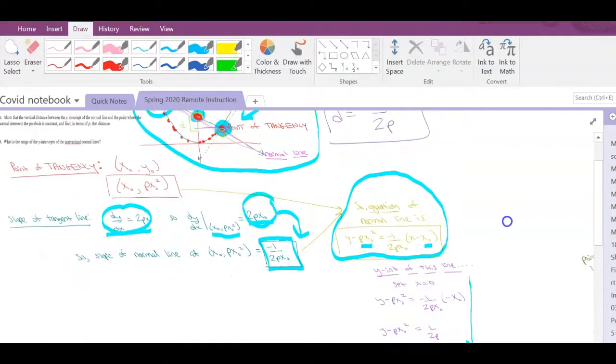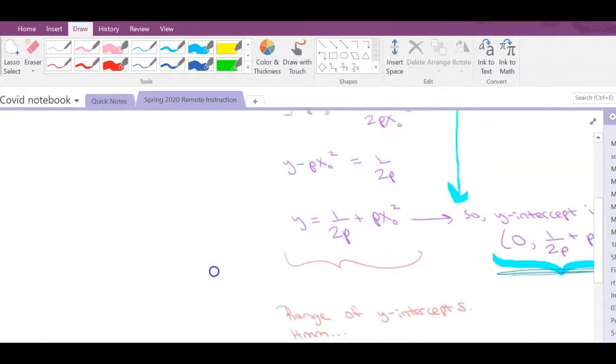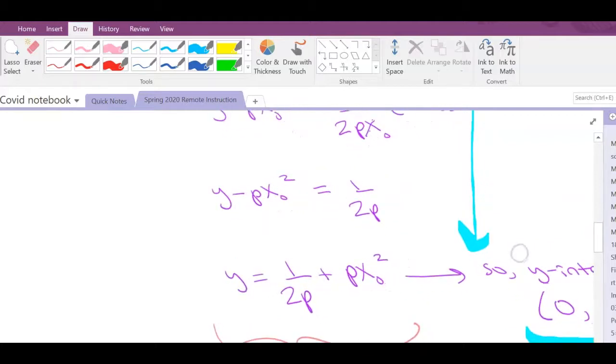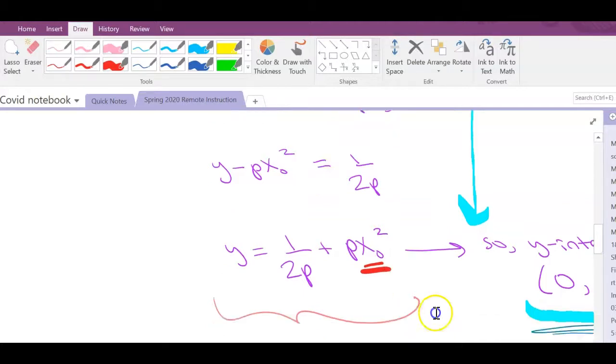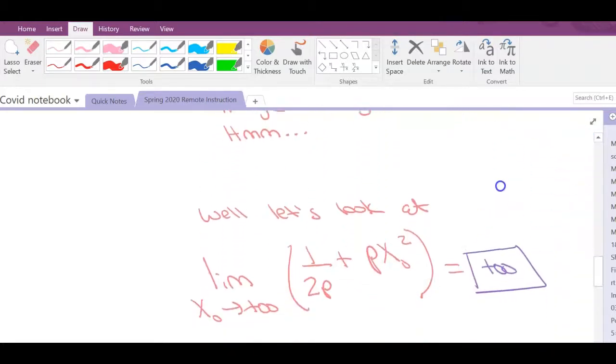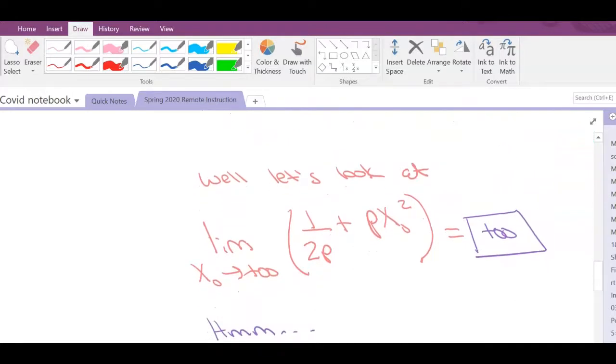So let's go back here. Here's my y-intercept. What's happening as we drag x naught closer to 0 or closer to positive or negative infinity? Let's set up some limits. As x approaches positive infinity, it appears that this limit approaches positive infinity.